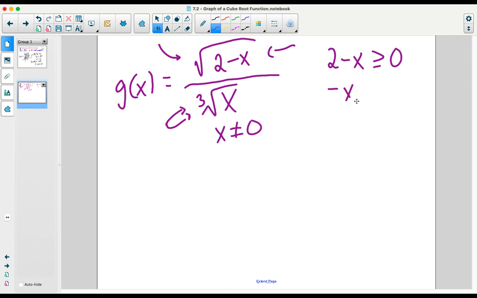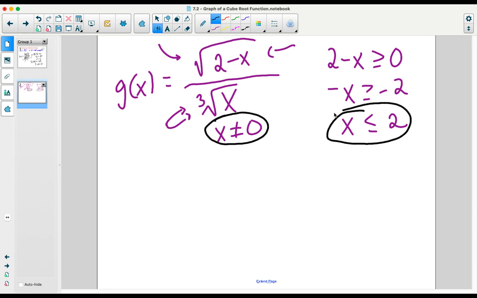We subtract 2 from both sides. We divide by the -1, and then we get that x is less than or equal to 2. Now, we want to be very careful about the way that we write this, because we need to say that we're not allowed to be 0, and we need to say that we're staying less than or equal to 2.